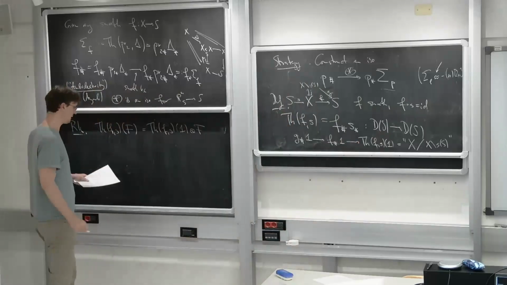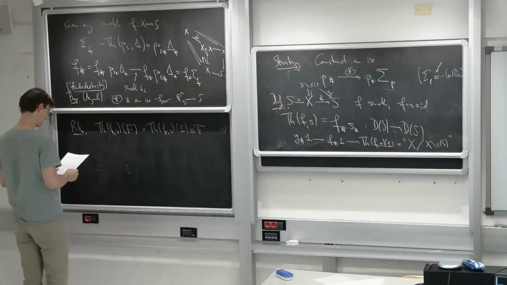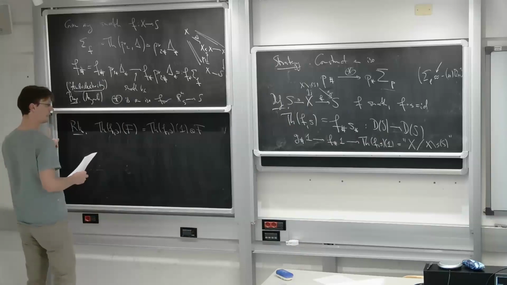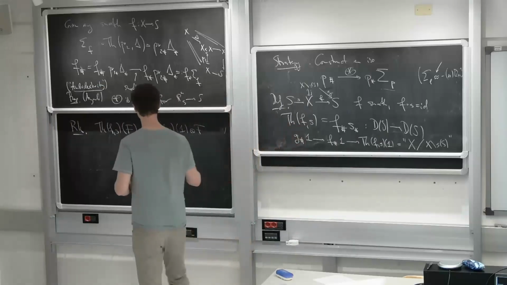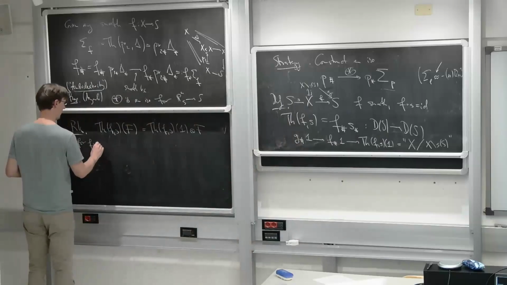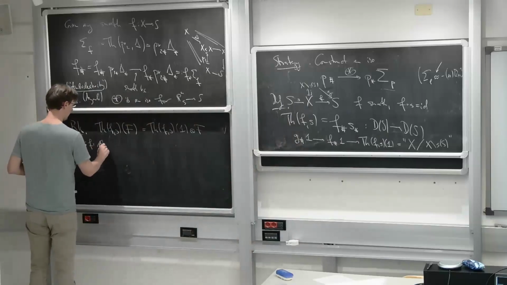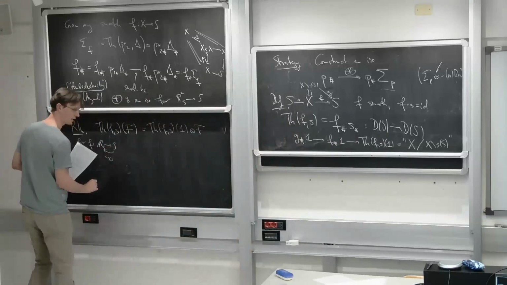And why is that? For simplicity, let me only explain it for F being such as A1 over S to S, and this little s would be the zero section, okay?